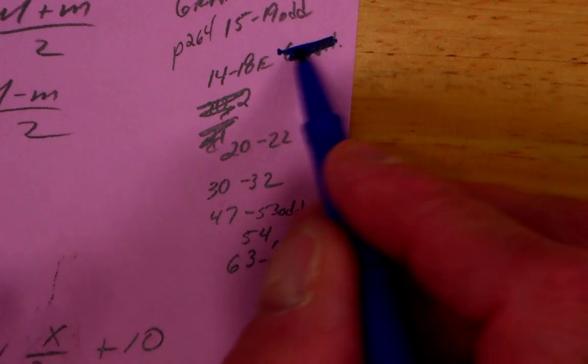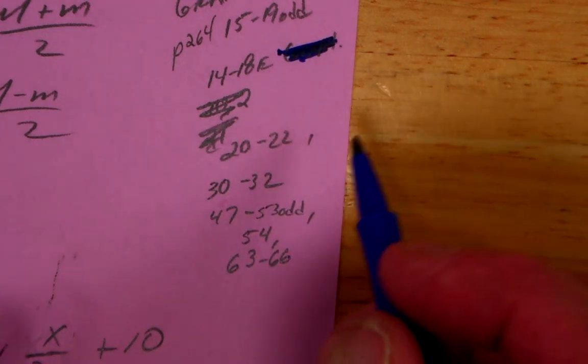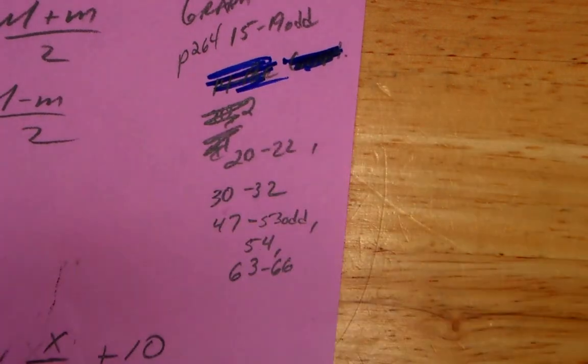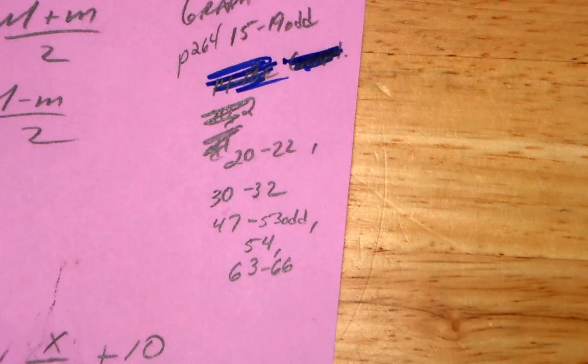Yeah, it's just 15 through 19, odd. And then those down bottom. When's this due again? Friday. Sweet. You guys did great today.